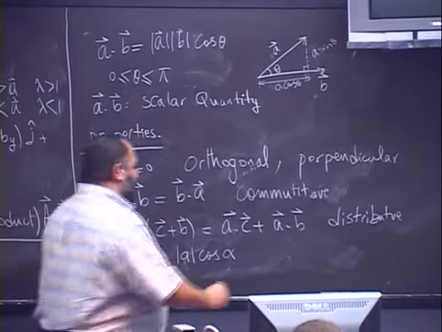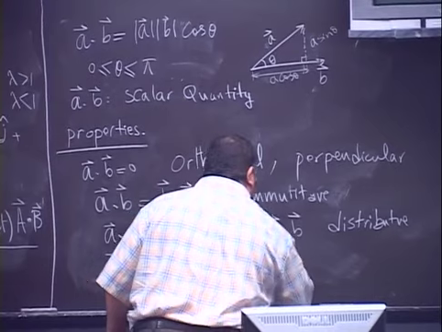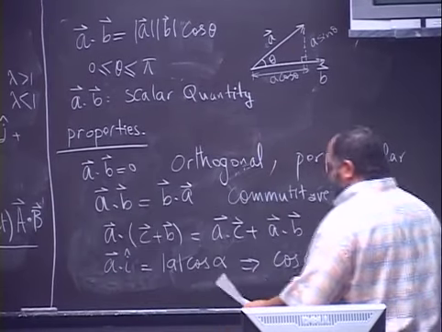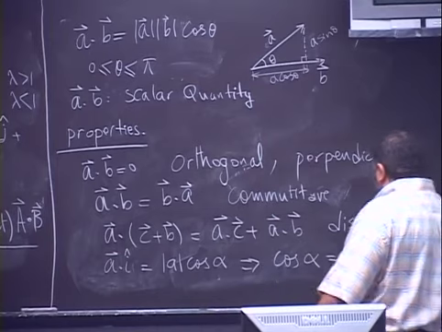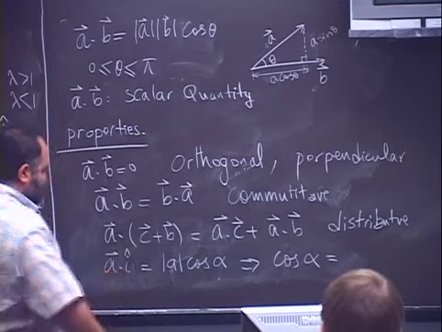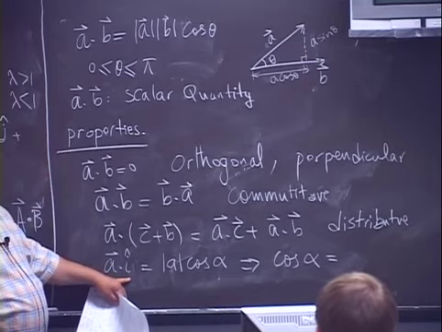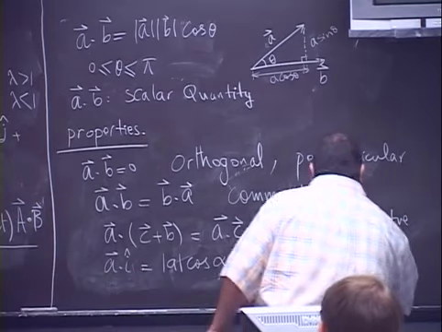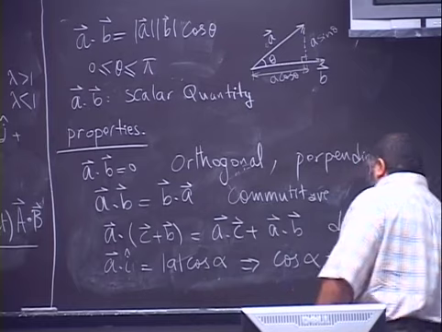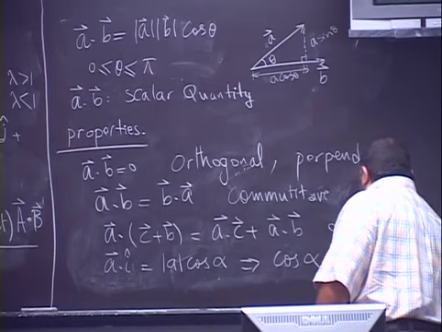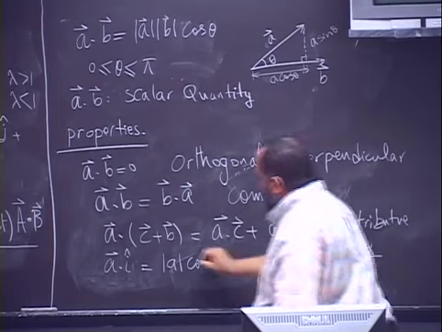And from there, A dot I is nothing more than AX. So cosine alpha will be the x component of the vector divided by the amplitude of the vector.